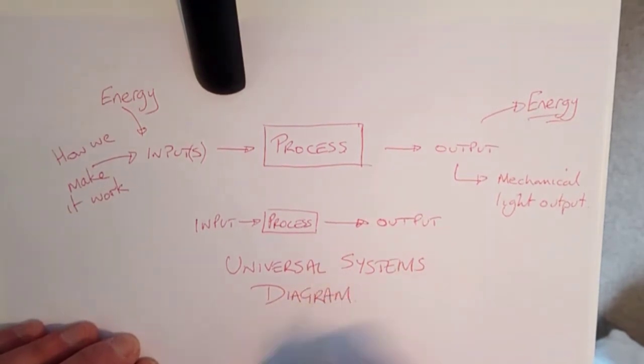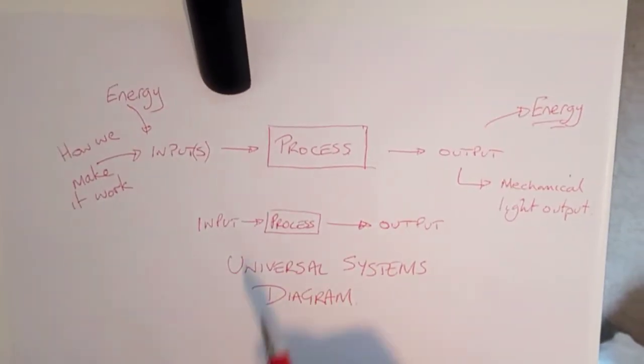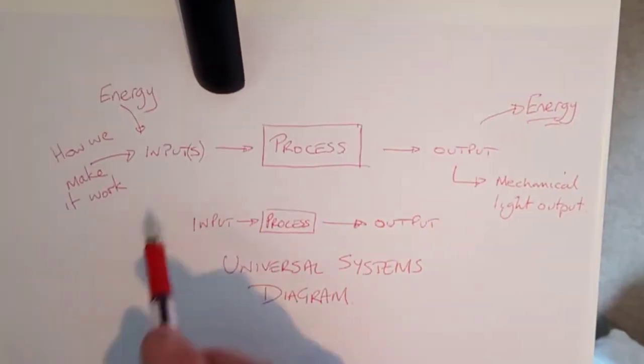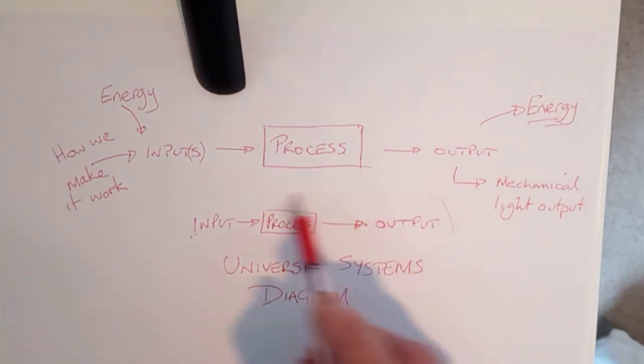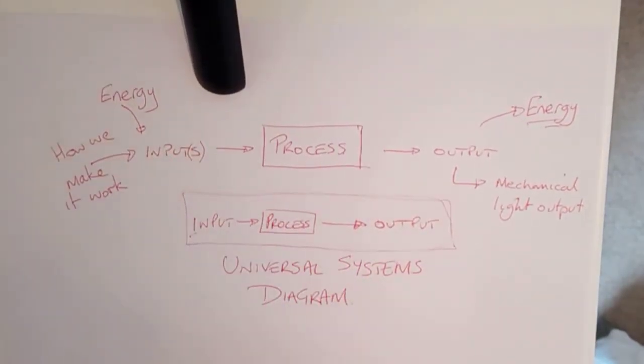I always get asked that. You either get a question with these bits missing and are told to put them in, or you'll be given this drawing and asked what this wee bit here is. It's a universal systems diagram.